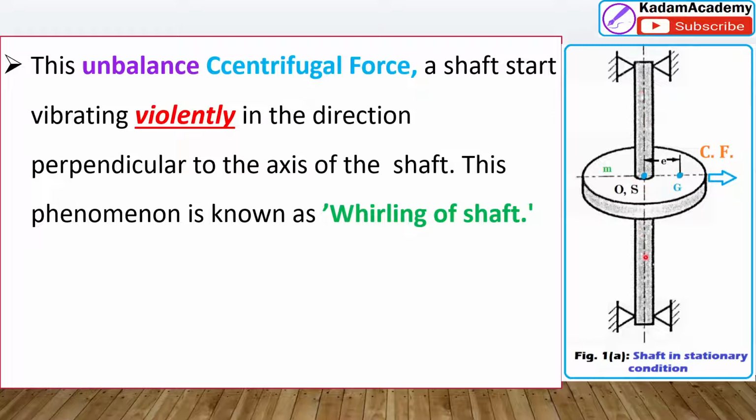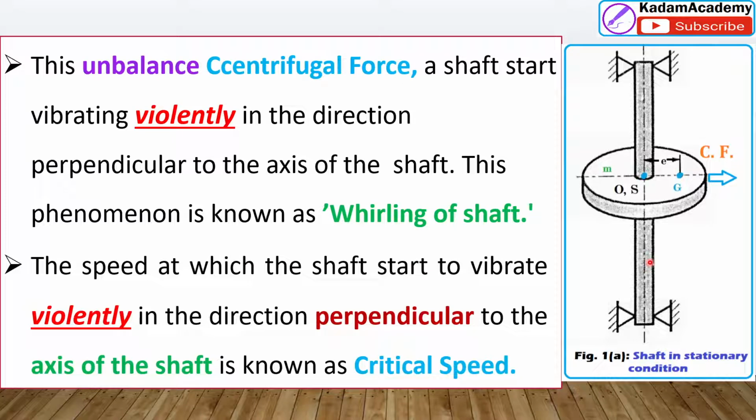The experiment is the whirling of shaft experiment, to find out the critical speed of the rotor.